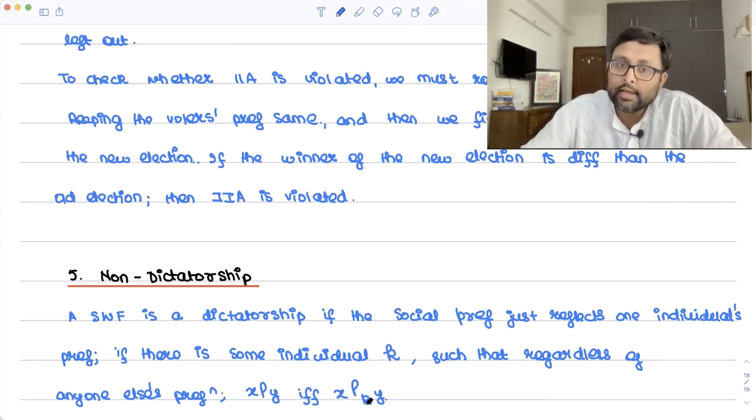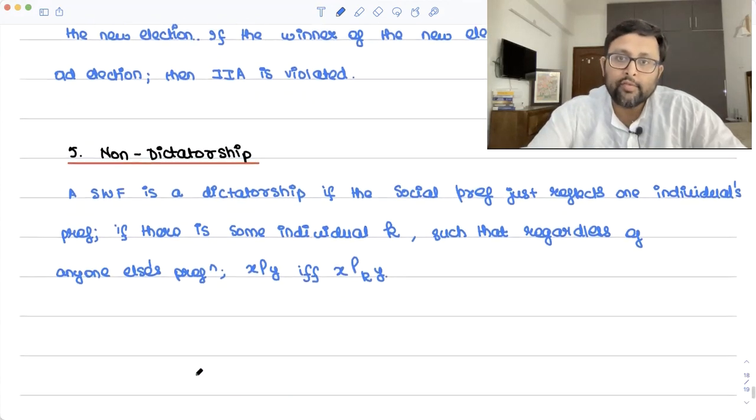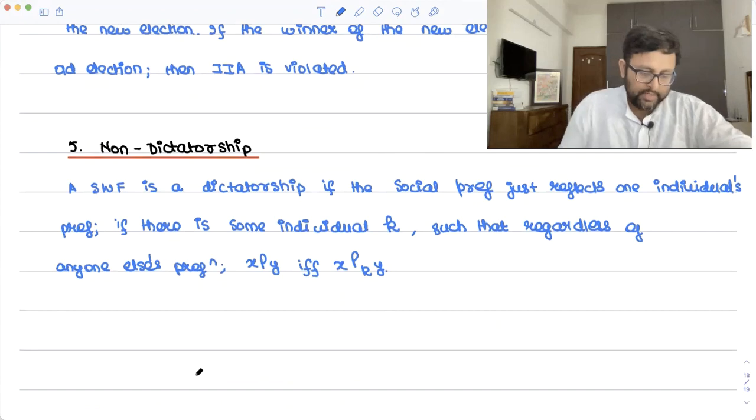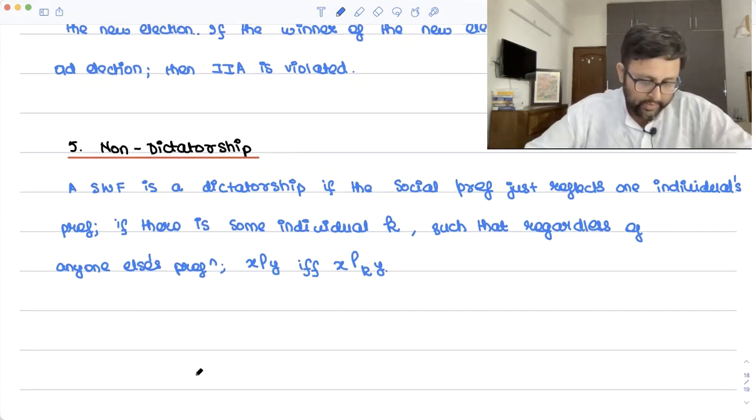Because the kth individual is strictly preferring X to Y, society also prefers X to Y. It doesn't have any say in that, right?